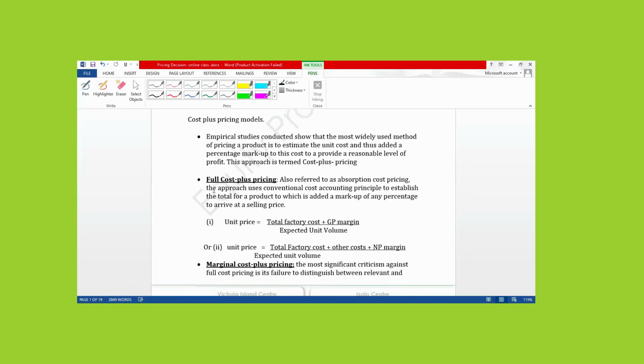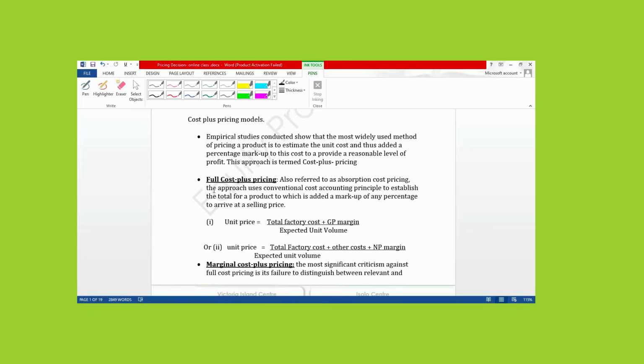Full cost pricing considers all the costs: variable cost and fixed cost. We discussed this last week.